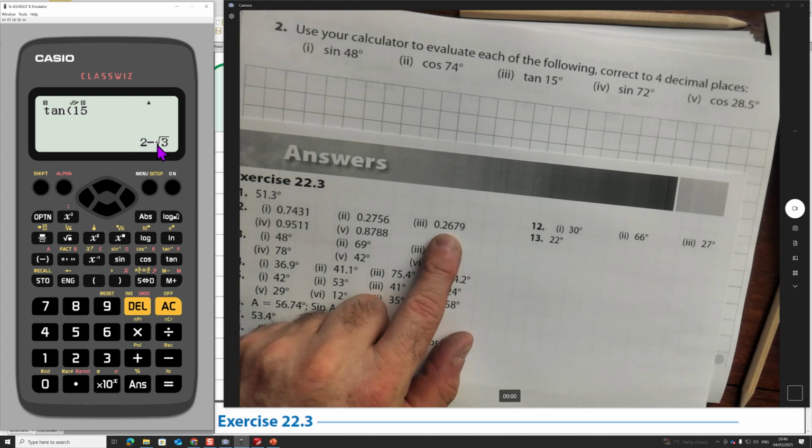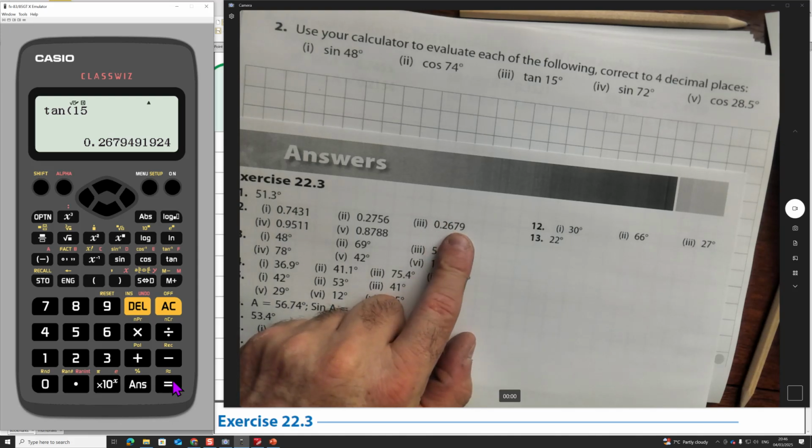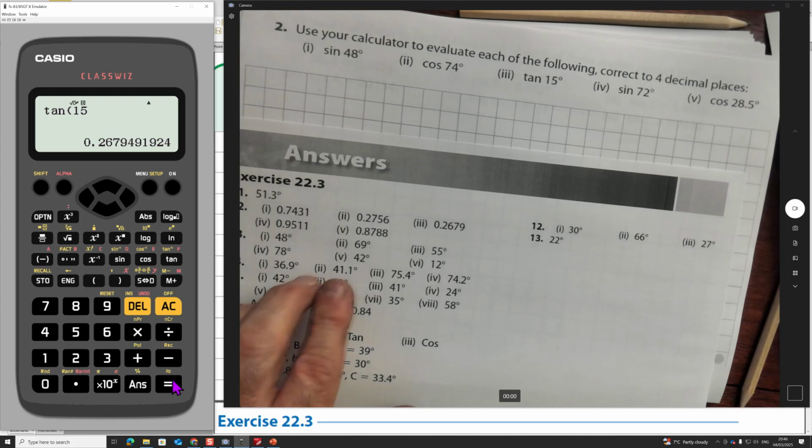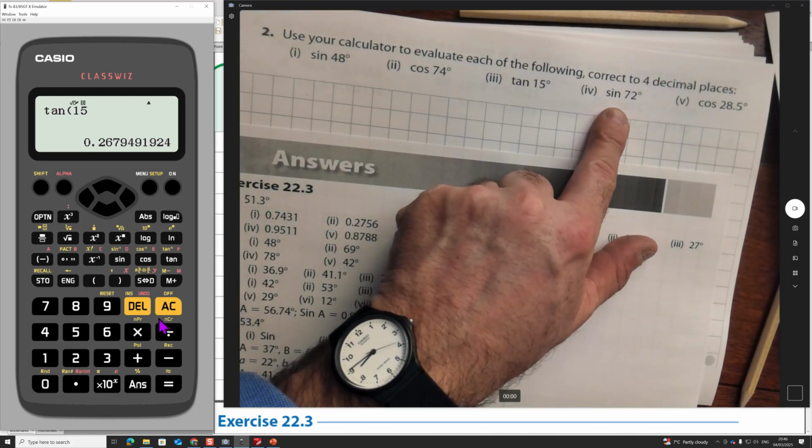I'm not going to start talking more about that. Wait for your honors maths, Leaving Cert, before you want to worry about that. Okay, let's do our shift equals. And we're going 0.2679. Good.